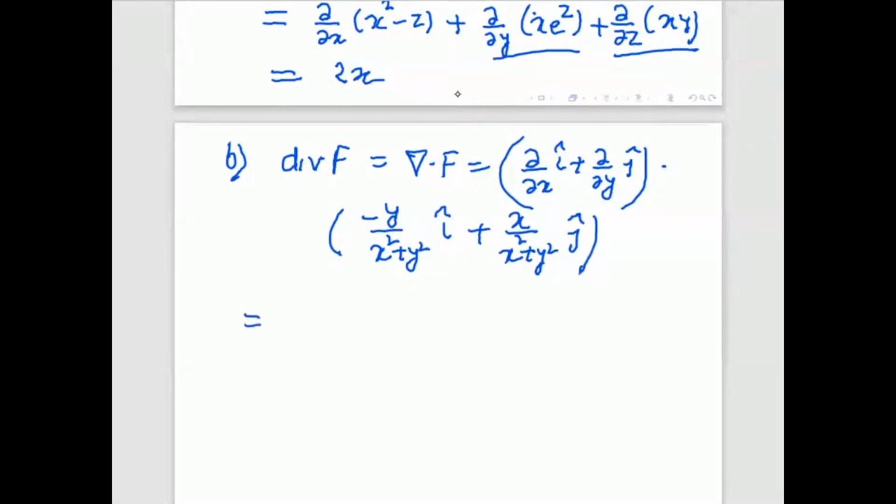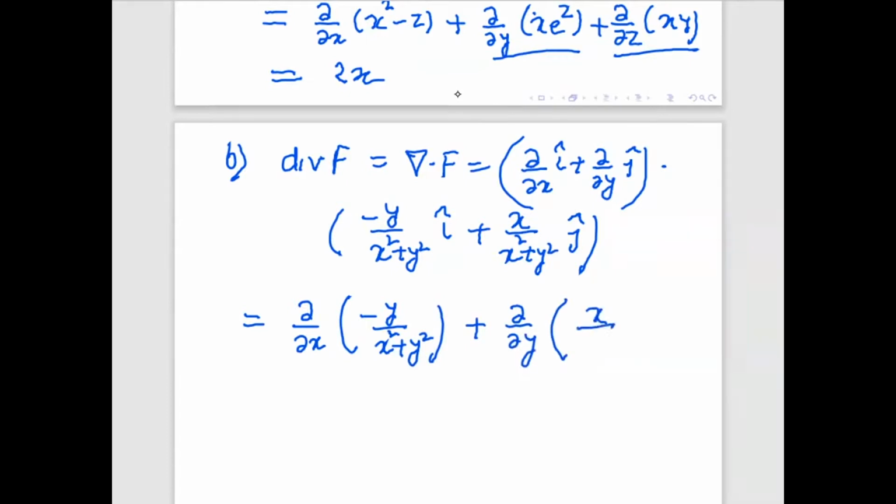So the dot product will be del by del x of this plus del by del y of this. After differentiation, what answer will come?